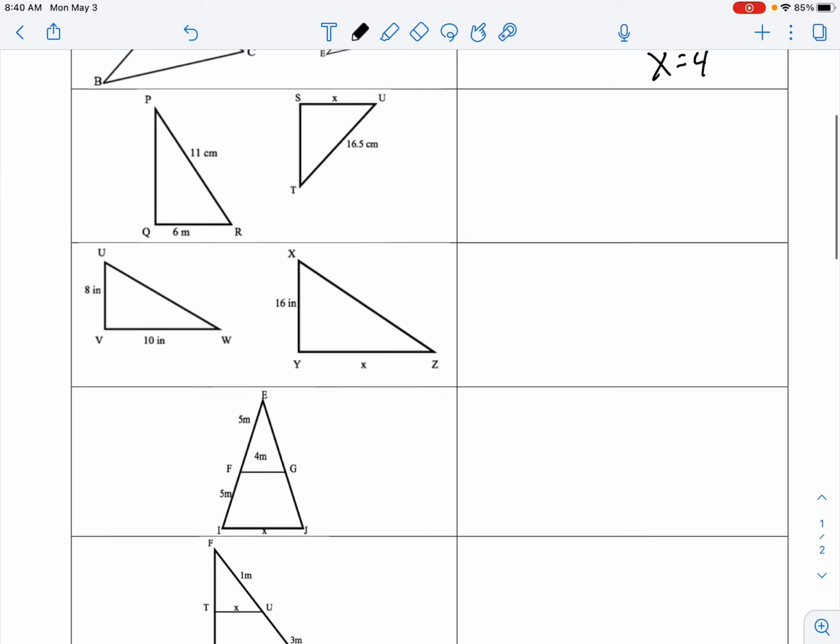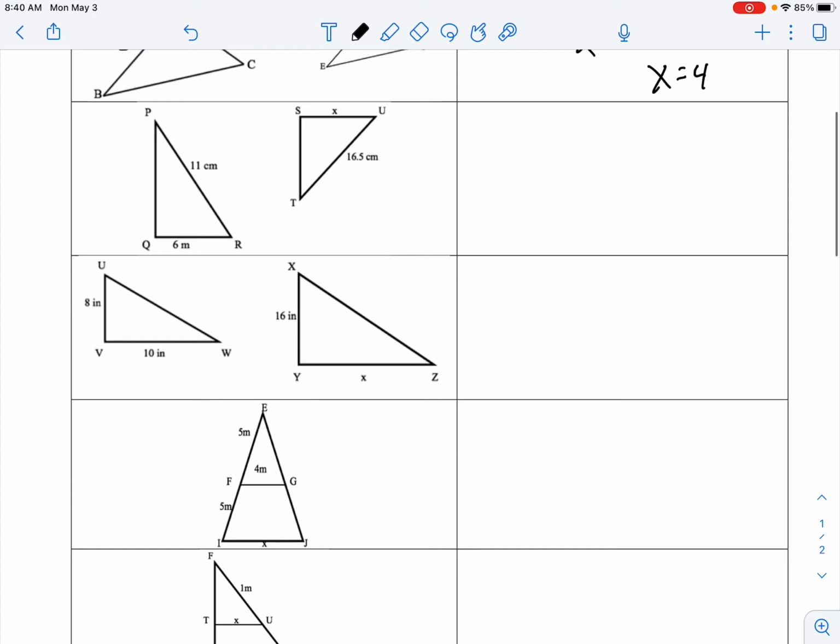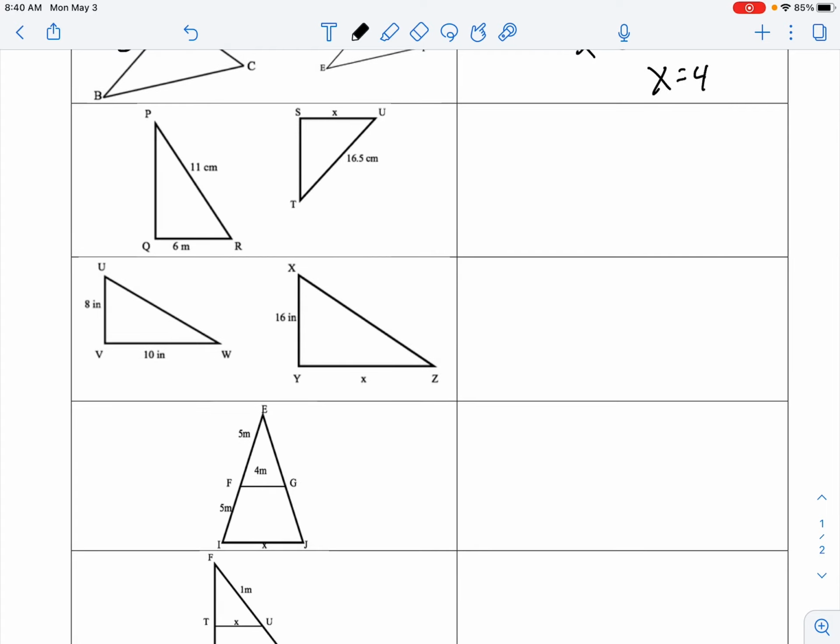So this is just going to be some more practice with these. We've got to be sure that we are pulling the right things. It looks like our triangle here has just been flipped upside down, so we can still create our proportion though.